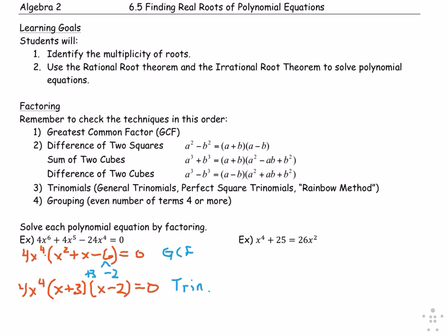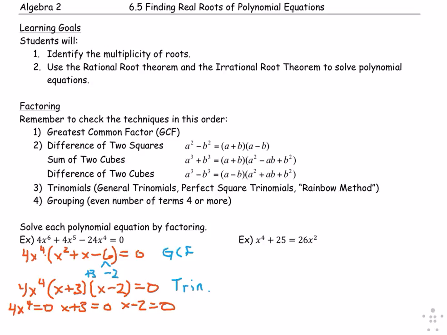With the zero product property, I'll now set each of these 3 factors equal to 0. And then solve for x.